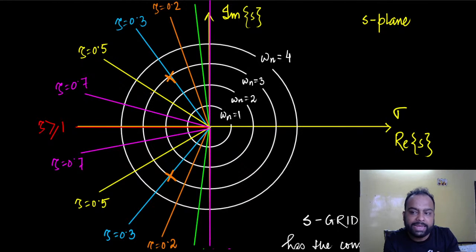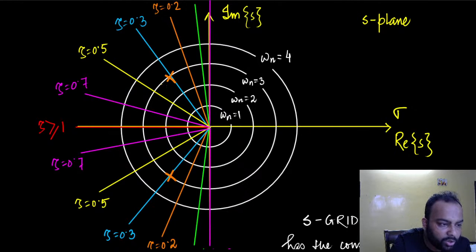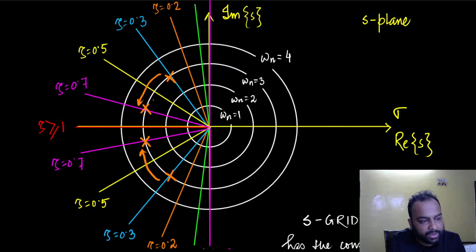Now if I need to increase the damping ratio without changing the value of the undamped natural frequency, what am I going to do? I would try to bring the poles here and here. That way, the damping ratio will increase without any change in the undamped natural frequency.